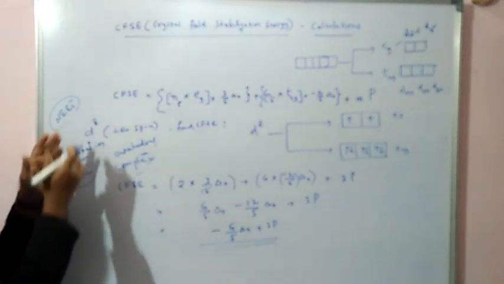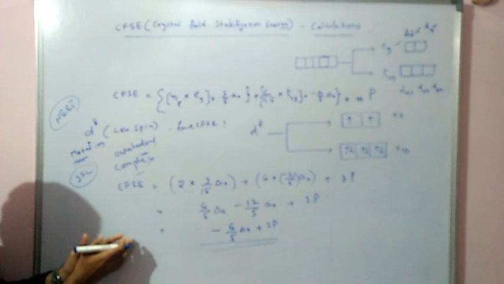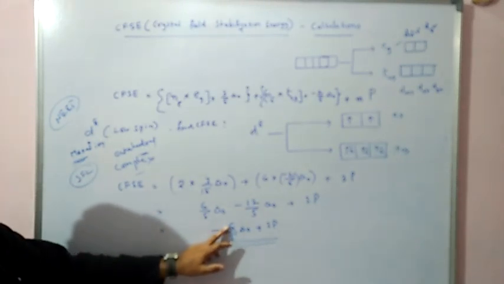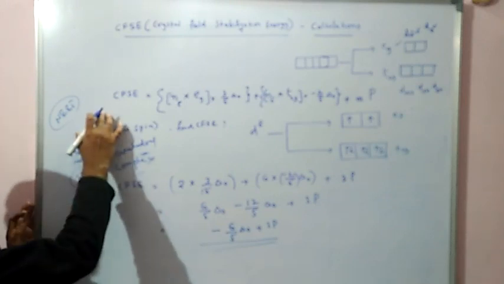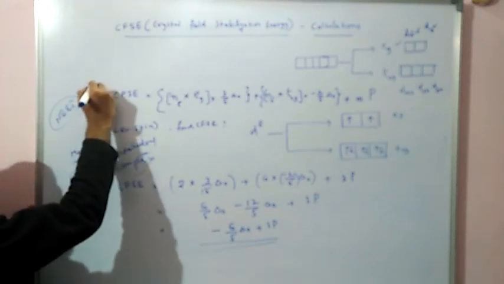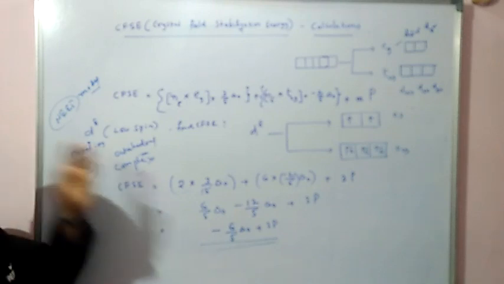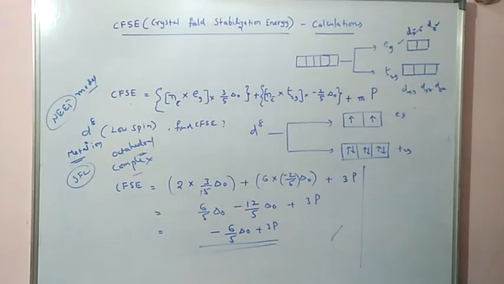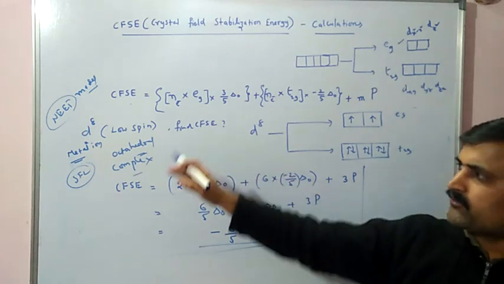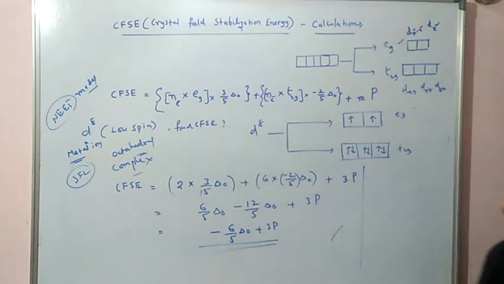So if it is given for D6 configuration, you will get another value, 12 by 5 delta naught. That is the D6 configuration asked in one of the previous NEET exams. This is a model question only I am telling. So this is the answer for this type of D8 configuration.